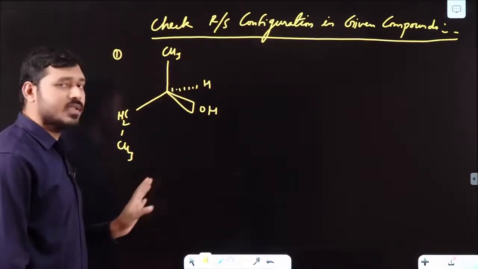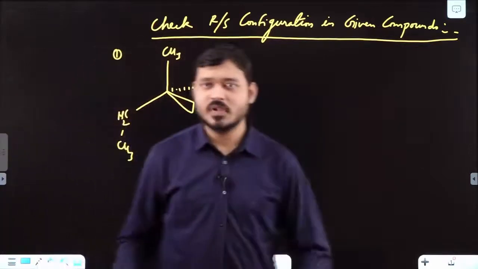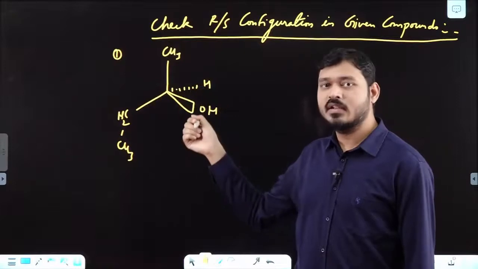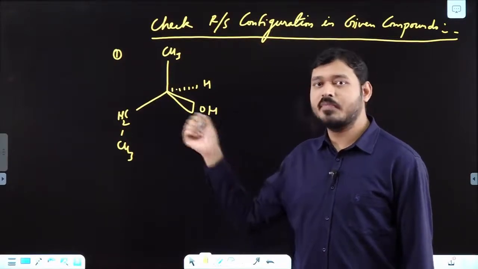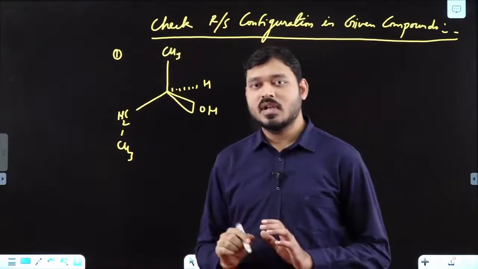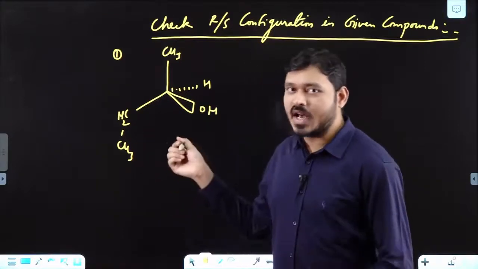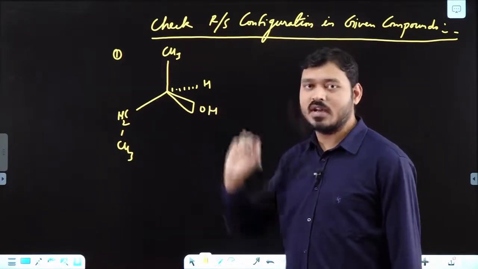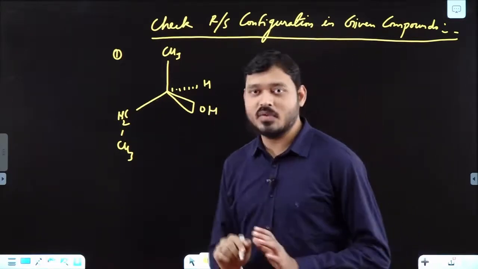Now dear students, as we know that this group is in wedge dash form and we have to find the RS configuration. Here also you have the logic to check RS configuration using wedge dash form. I had already taught it in earlier lectures. Now I am telling you one question.